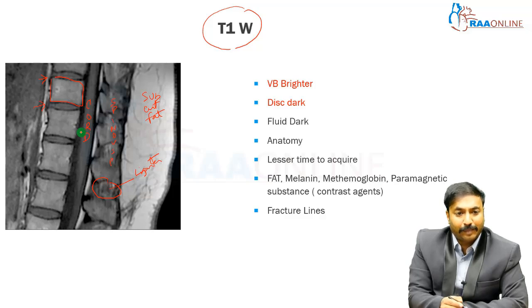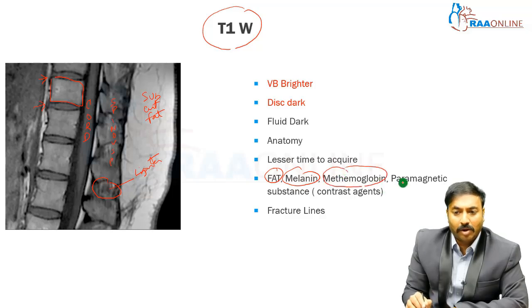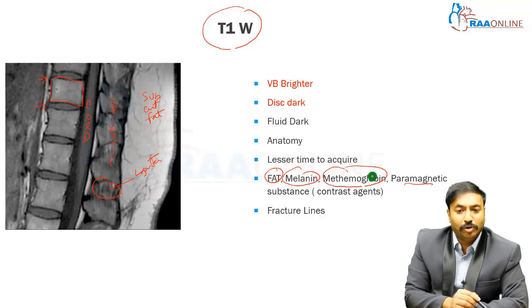The things which can brighten up on T1 are fat related, melanin, methemoglobin, products of hemoglobin, or the contrast agents which we give to brighten up neoplasms or infectious areas. So contrast is used only in T1 weighted images. There is no T2 contrast, remember that.